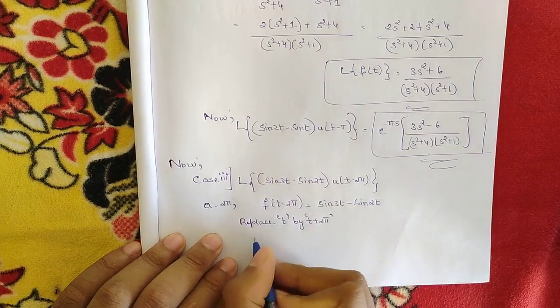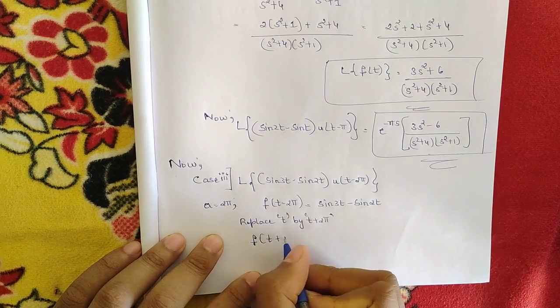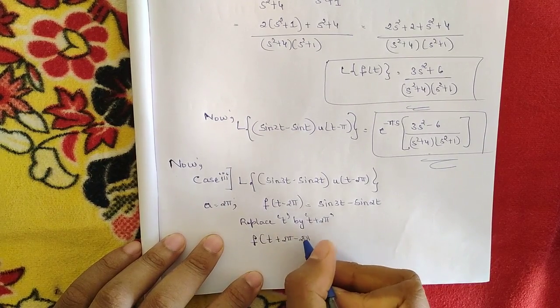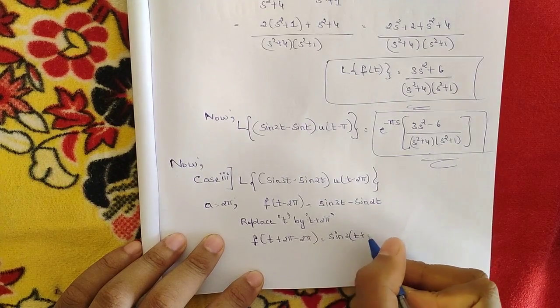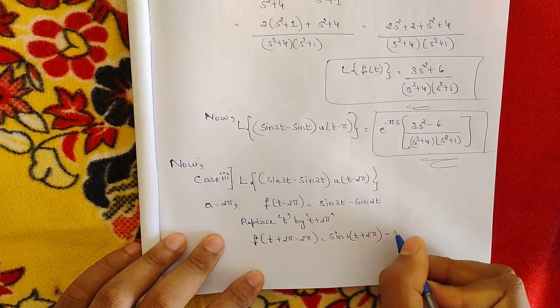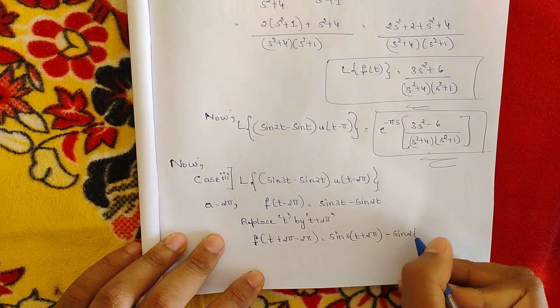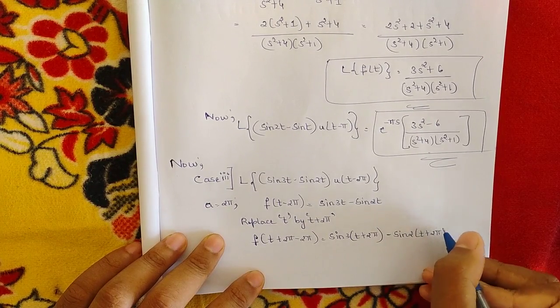So what you will be getting, f of t plus 2 pi minus 2 pi, is equal to sin 3 times (t plus 2 pi) minus sin 2 times (t plus 2 pi).